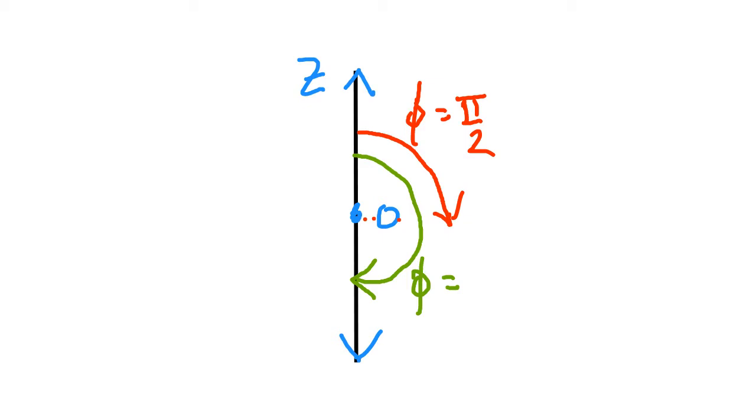How many degrees? 180. Good, Brian. So 180 degrees is pi. You don't need phi to range any further. Phi is between 0 and pi.